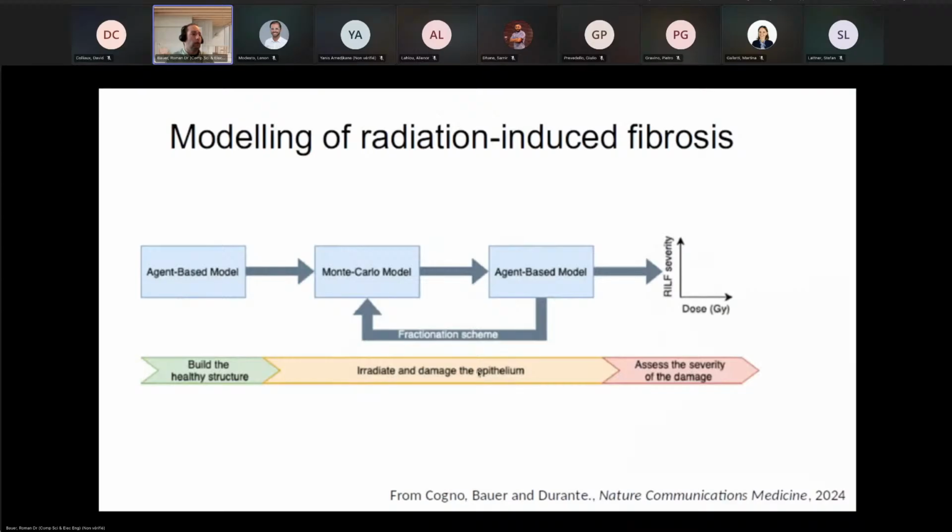And then we created this sophisticated approach in order to essentially look at different dosages of the radiotherapy and treatment protocols, and how it affects RILF severity.